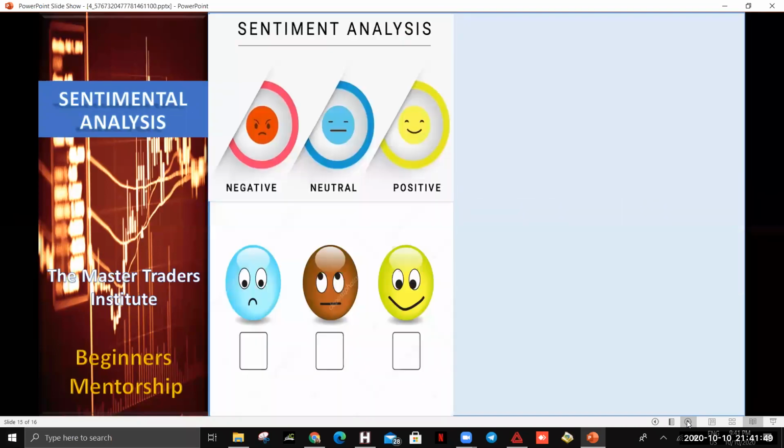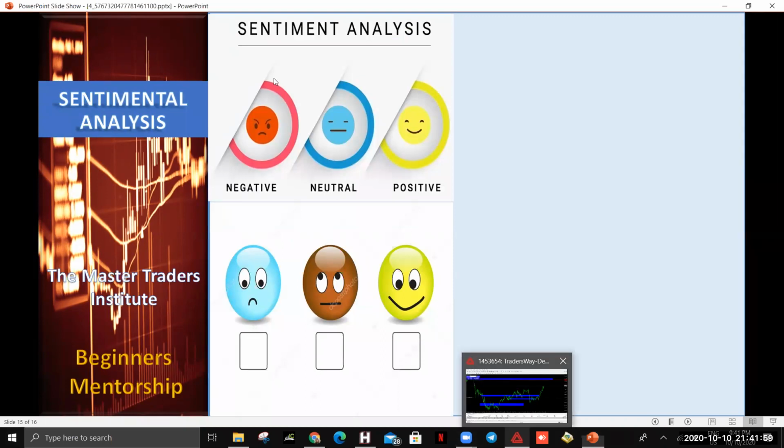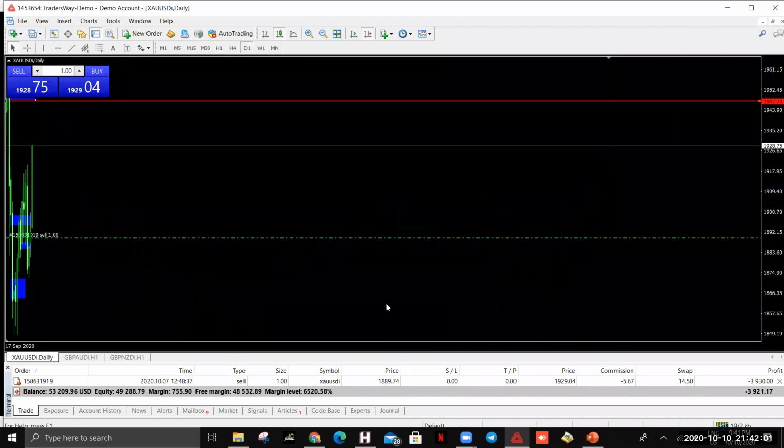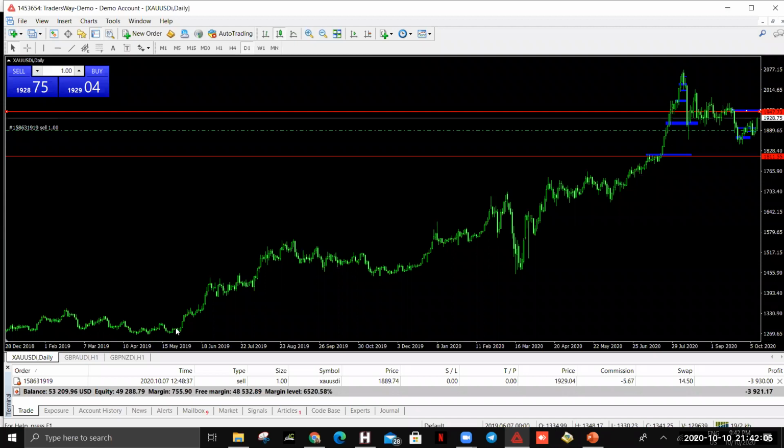Now, sentimental analysis is just based on your own emotions. Since price has been going up, the emotions come down. Let me show you what sentimental is. Traders will say, since this price has been going up, up, up, when is it going to come down?